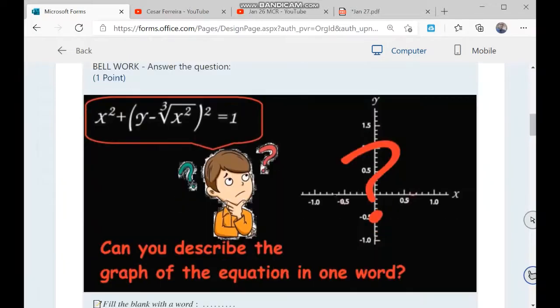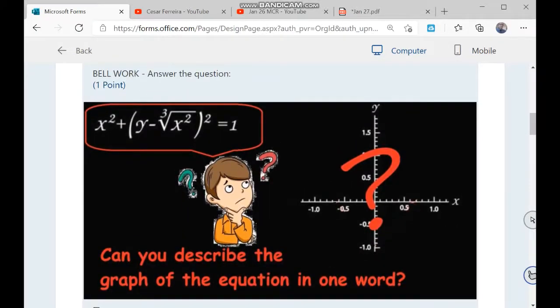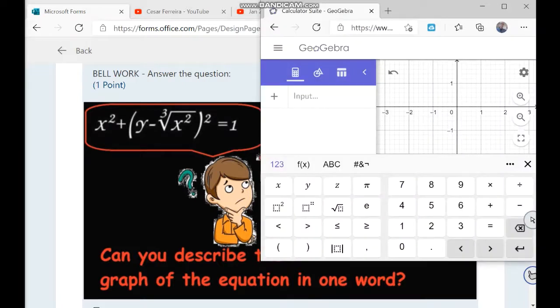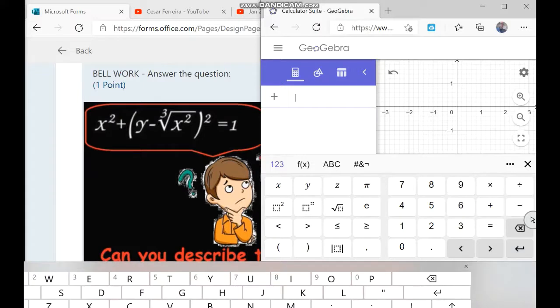But before, there's this challenge here. Can you describe the graph of the equation in one word? Try to answer this challenge, and then you're going to type the equation into the graphing calculator. Let's check how we can do this.